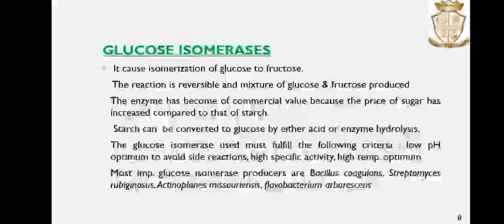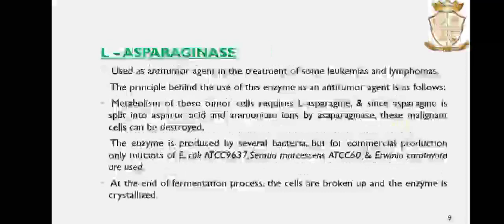The glucose isomerase used must fulfill the following criteria: low pH optimum to avoid side reactions, high specific activity, high temperature optimum. Most important glucose isomerase producers are Bacillus coagulans, Streptomyces rubiginosus, etc.